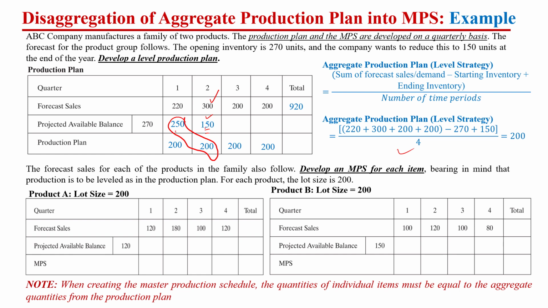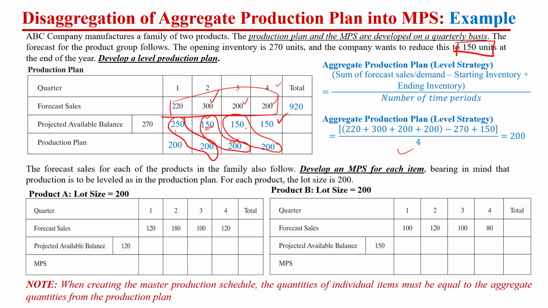And then 150, which is the inventory we have in the last time period, plus production quantity, that is 350, minus 200 is going to be 150. Okay, then again we have 350 minus 200 is going to be 150. So the requirement which the management wants from us is that at the end of the fourth quarter we have 150 inventory. So this 920 is basically the sum of the total demand.